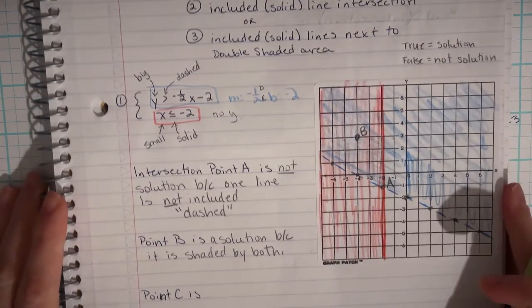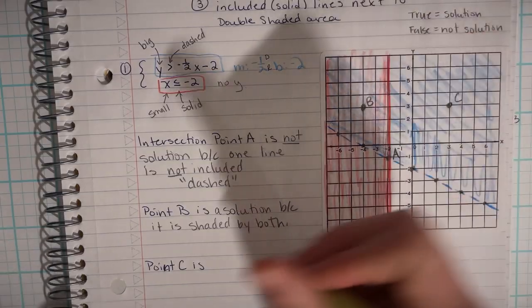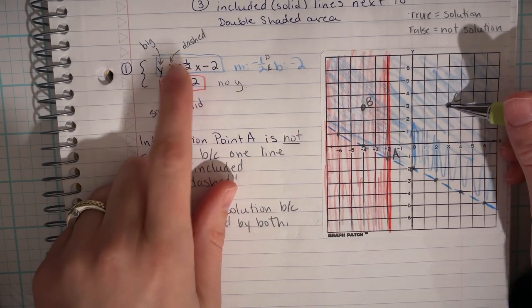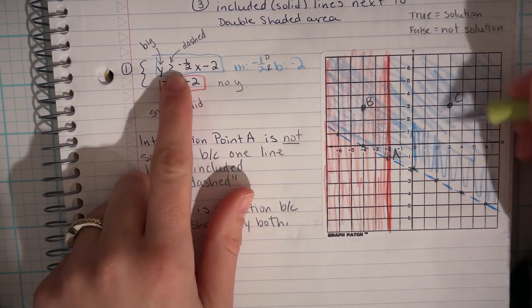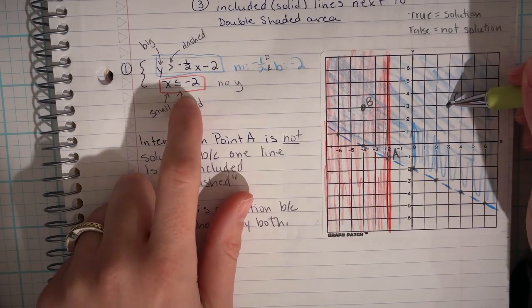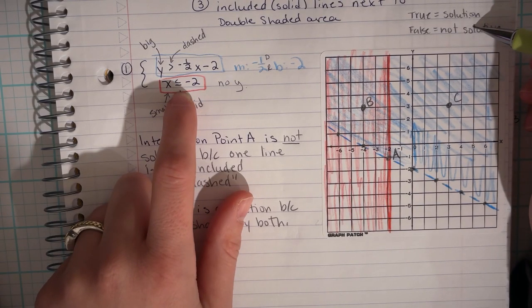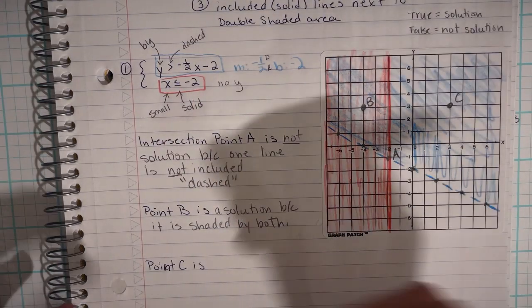All right, next up, I'm going to pick point C over here. So point C. When I look at point C for this first one, point C is true, right, because it's in that shaded area. But for the red one, point C is false because it's not in the shaded area. So once it's not true for one of them, it's not true at all.